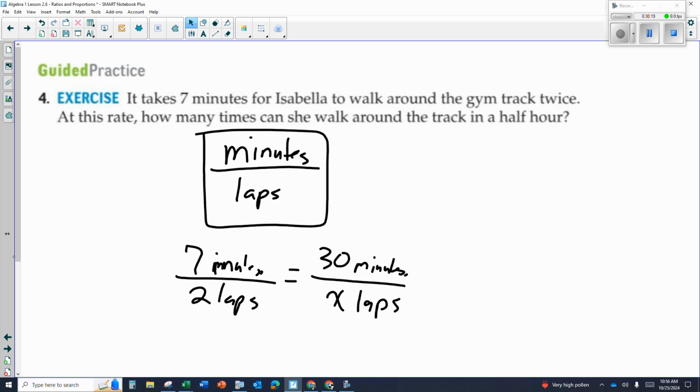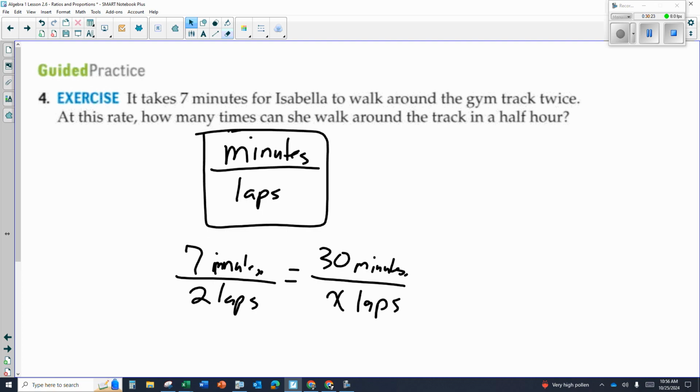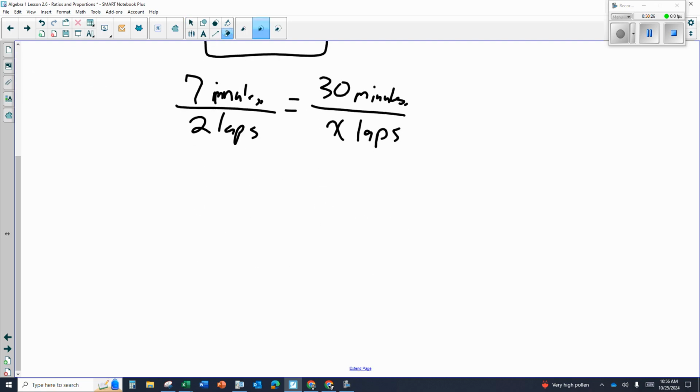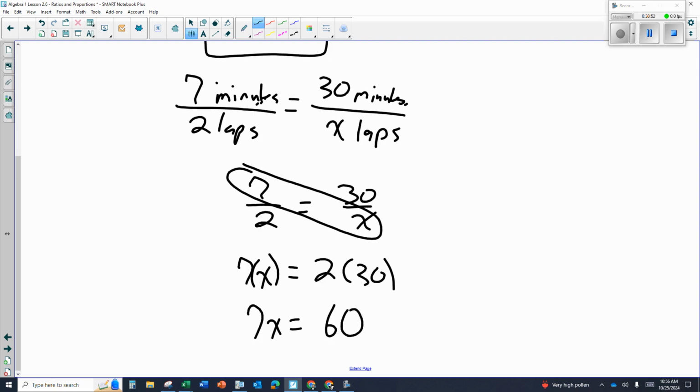So because our key ratios are the same, minutes to laps, minutes to laps, let's make it look like that. Minutes, we can actually just look at the values. The ratio of 7 to 2 equal to the ratio of 30 to x. So 7 divided by 2 equals 30 divided by x. We can set our cross products equal to each other. So 7 times x equals 2 times 30. 7 times x is just 7x. 2 times 30 is 60.